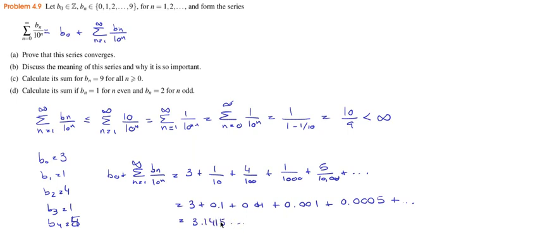So this is a real number. This is actually the first decimals of pi, and so what you see is that every term in the series is actually the next decimal in the real number. In other words, the terms of this sequence b sub n are the decimals in the decimal expansion of a real number. So that's interesting.